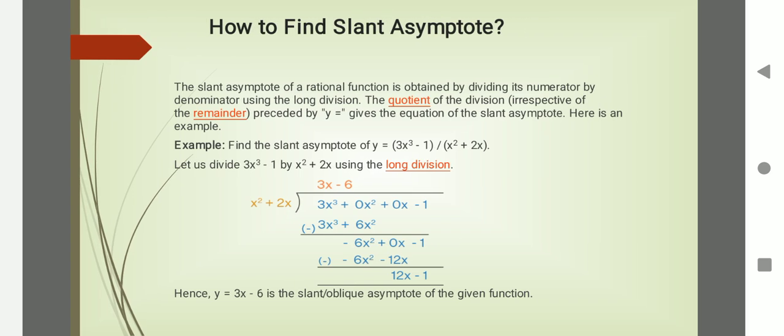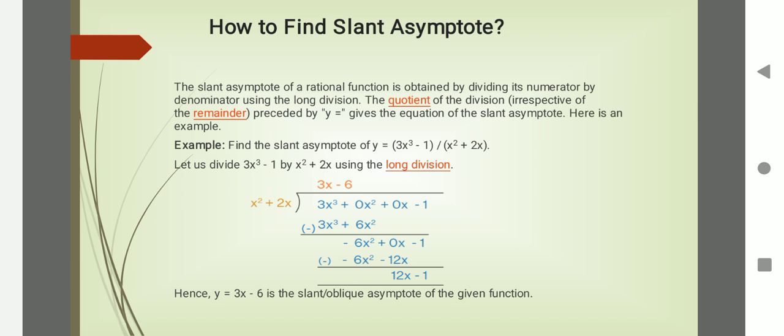Then to find the slant asymptote, or we can say oblique, slant and oblique are the same terms. The slant asymptote of the rational function is obtained by dividing the numerator by the denominator using long division. In previous classes we have done the long division method, so we will use that method to find the oblique asymptote.